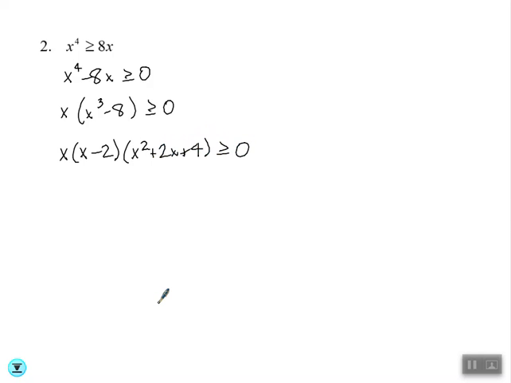Now that we're completely factored, we can go ahead and find the zeros. If I set each of these factors equal to 0, I'd get x equals 0, x equals 2. This would give me complex solutions, which I don't care about right now.